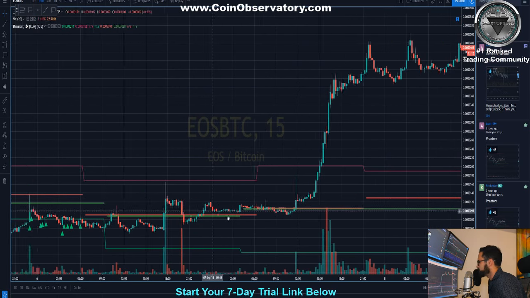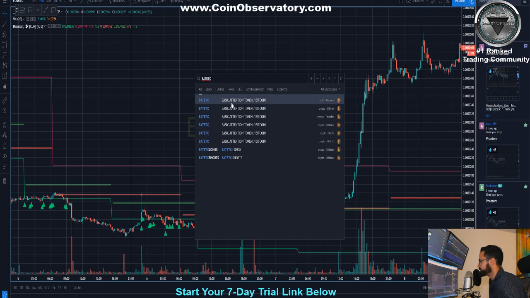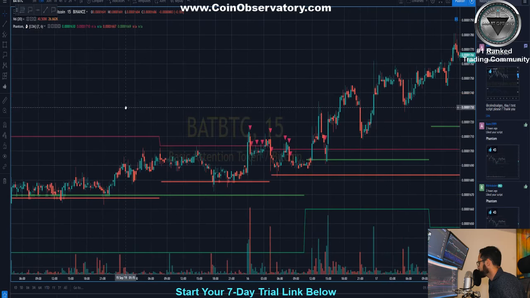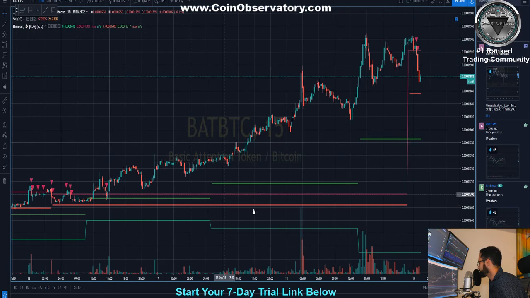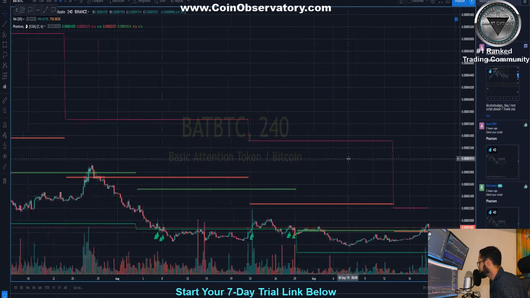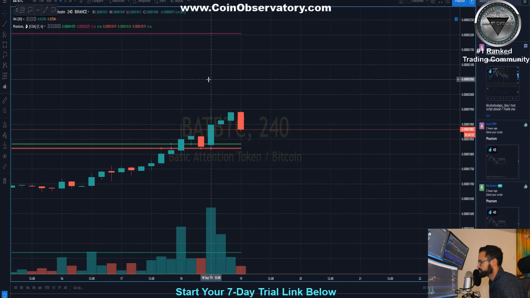Right, it's going to let you know that we're going to close above these midlines. As an example, BAT BTC, I was looking at BAT yesterday. I was getting up in this midline territory. Right, I was like, man, it's probably gonna reject.